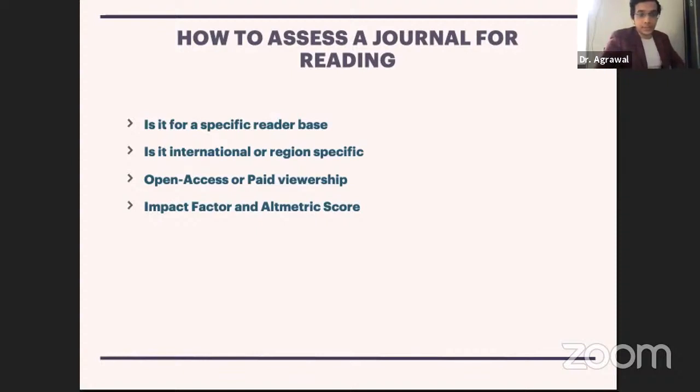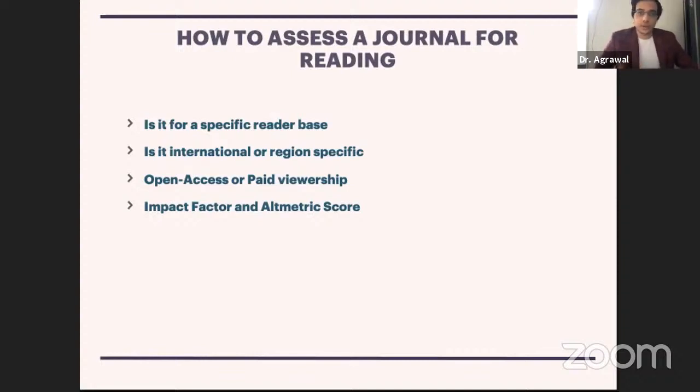And you can definitely see the impact factor and altmetric score that Dr. Parag spoke about. The impact factor is basically a mark. So like teachers give us marks on our papers, right? On our SAQs, on our LAQs, and whenever we write some sort of term ending paper.